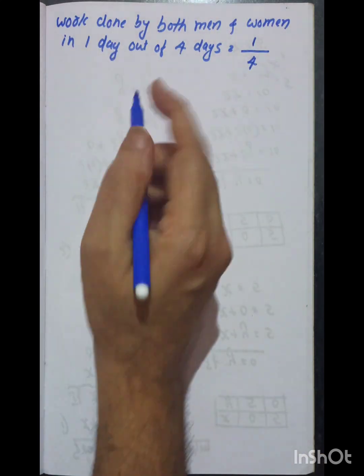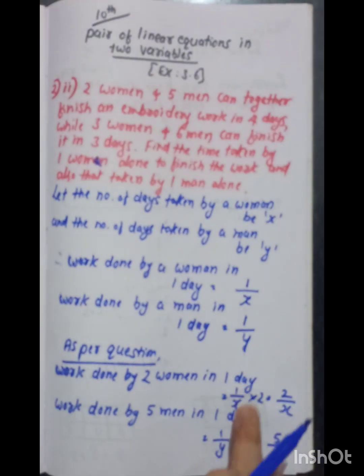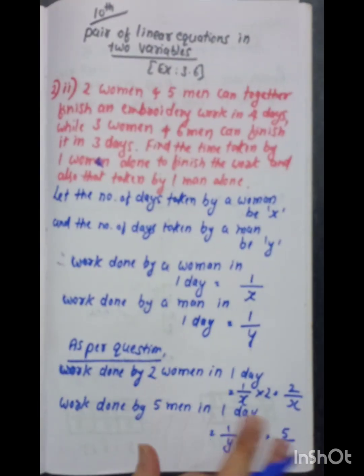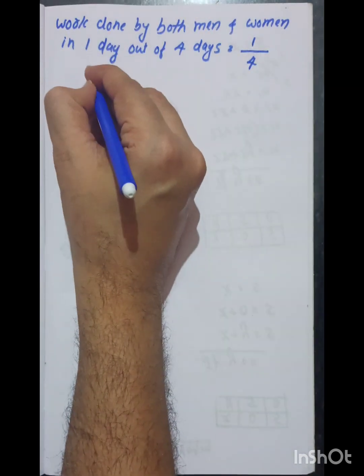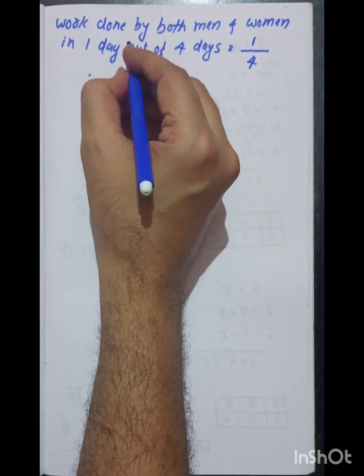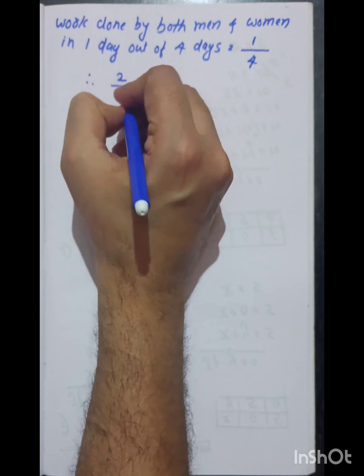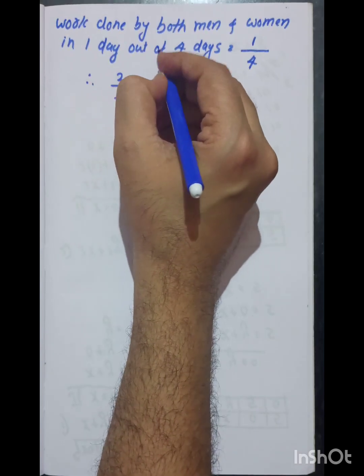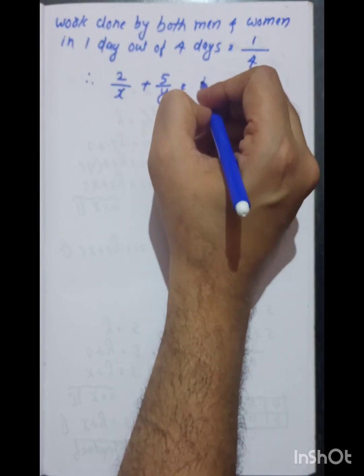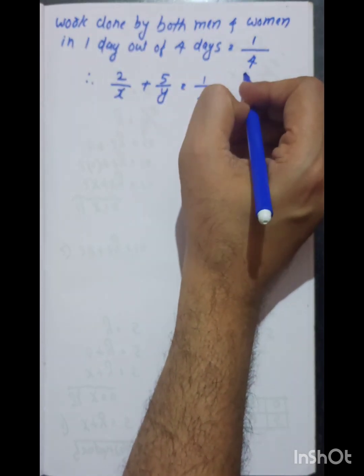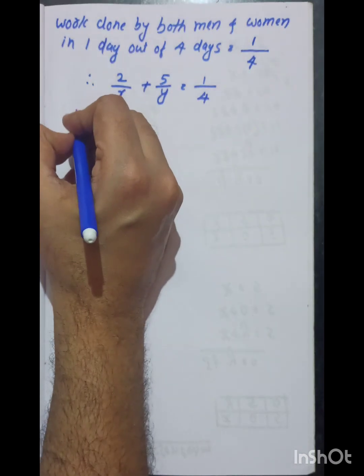It is of 1 day, and 2 women and 5 men also is 1 day, both men and women. Therefore we can take it like this: the women is 2 by x and men is 5 by y. If they join together, they complete the work in 1 by 4. This is the equation.